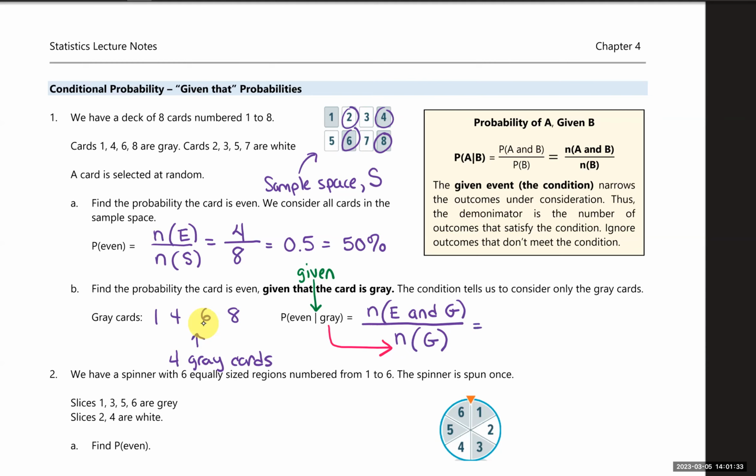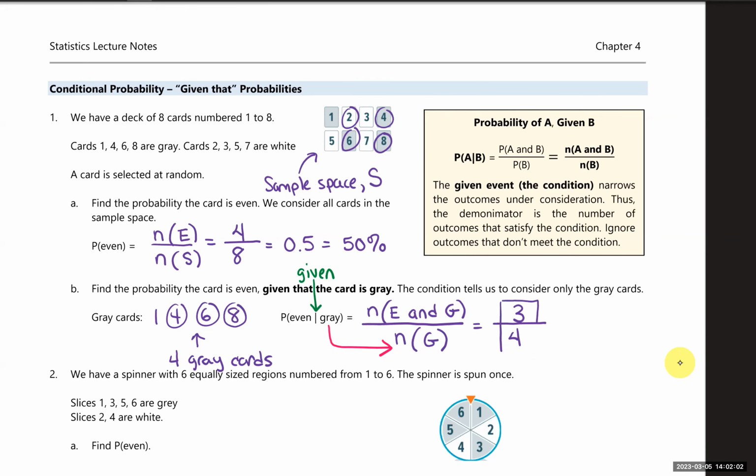So if I only look at the gray cards, there's 4 gray cards. And then among those 4 gray cards, the ones that also are even, I'm just going to circle. So among the gray cards, 4, 6, and 8 are even. So 3 cards meet the condition of being gray and even, out of 4 gray cards.